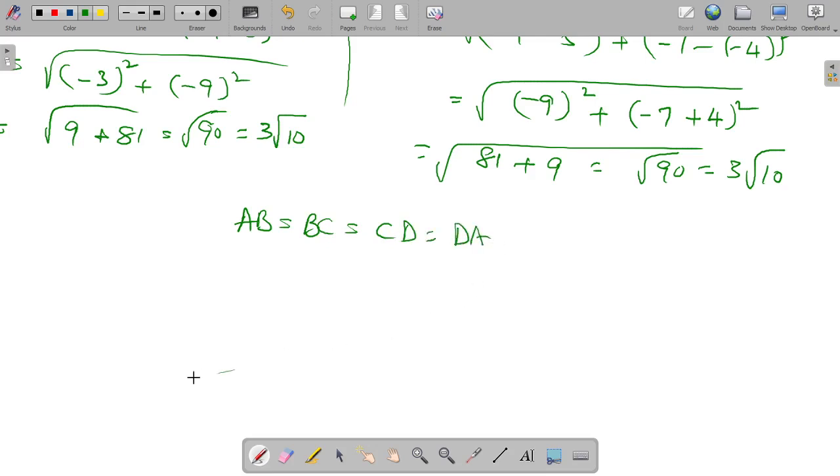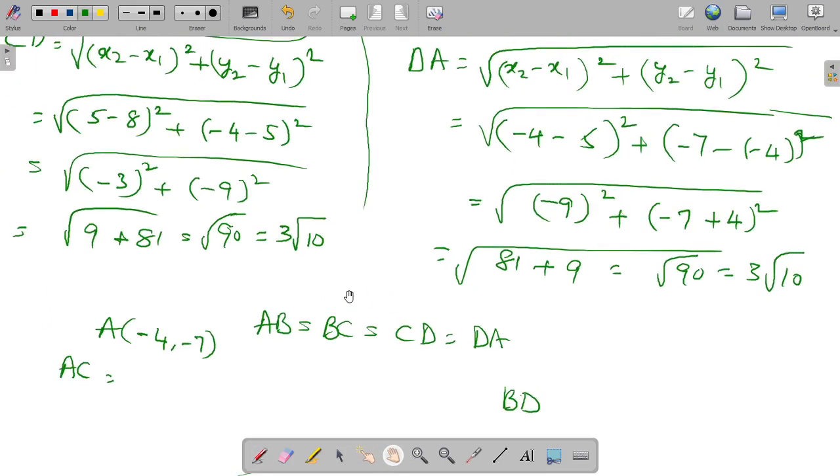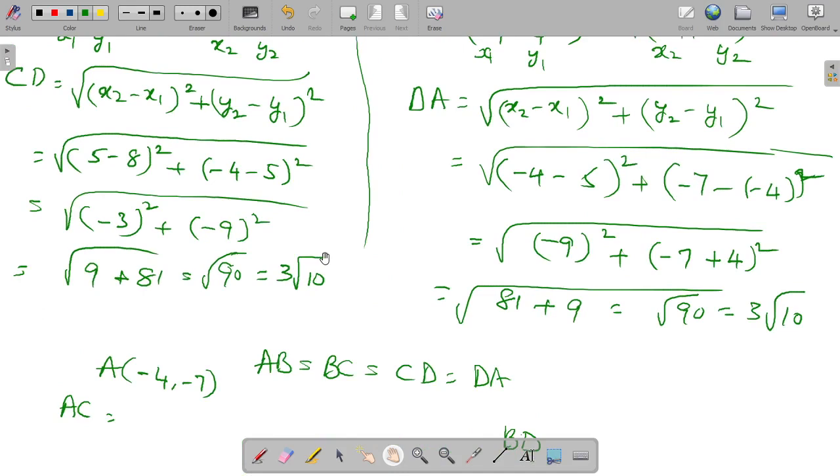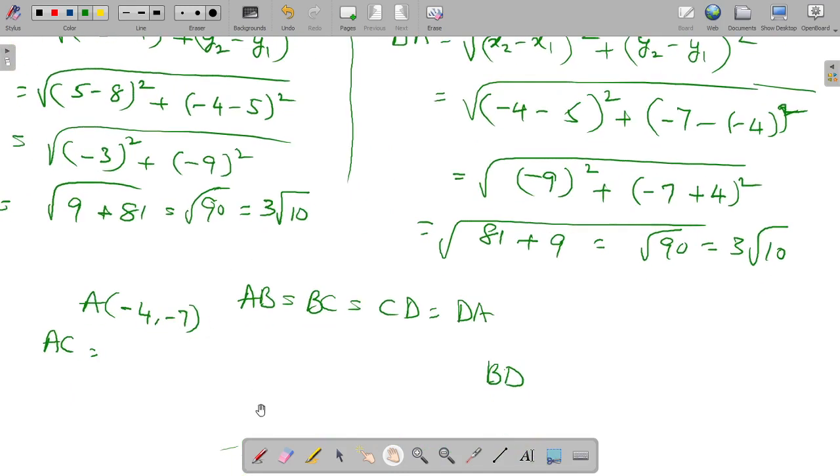After that, find the distance between AC and BD. A points are (-4, -7), C points are (8, 5).